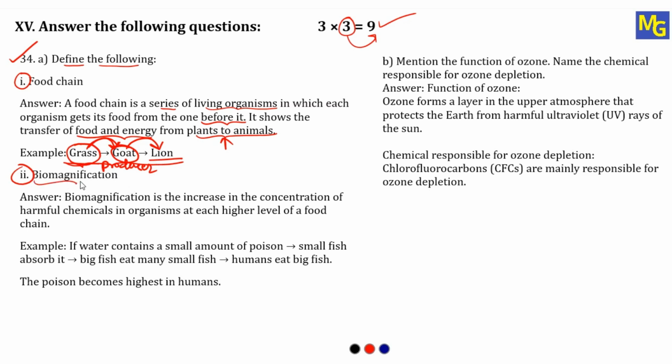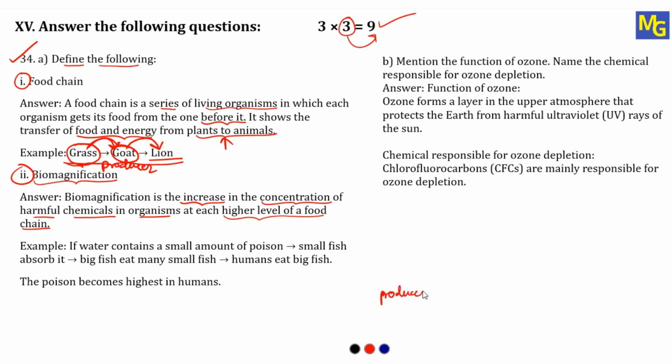Now we will see what is biomagnification. The answer is: biomagnification is the increase in the concentration of harmful chemicals in organisms at each higher level of a food chain. So what is biomagnification? If you see a food chain or a trophic level, you can see that starting there will be producers.